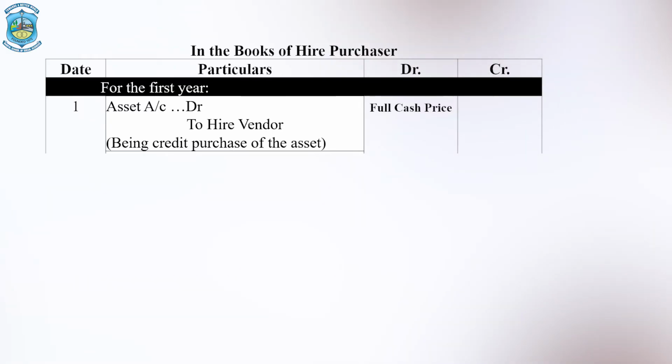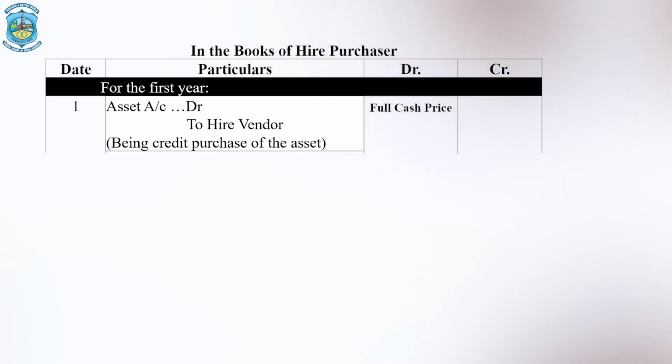Whenever we purchase any asset on credit basis, we would be crediting the vendor account, being a creditor. Alright, so with the entire cash price of the asset, that is cost price plus profit, which is the selling price of the vendor, and the same amount becomes the purchase price for the purchaser. So we are going to record this very first entry with the entire amount of cash price in the very first go itself, that is asset account debited to hire vendor.